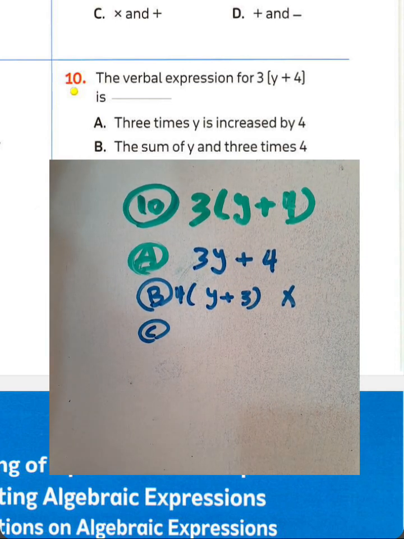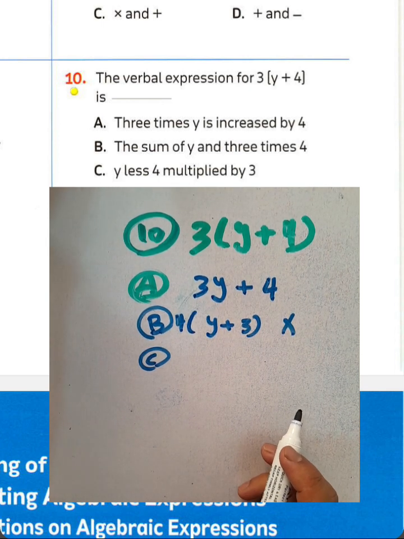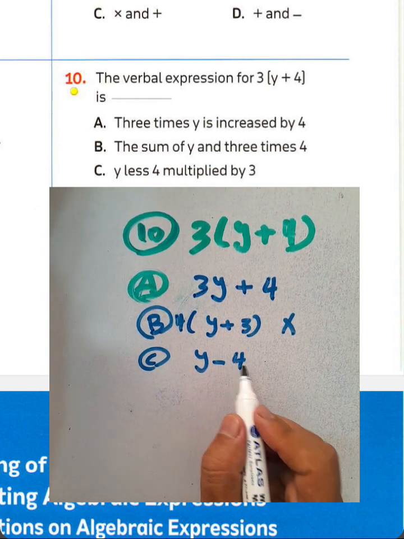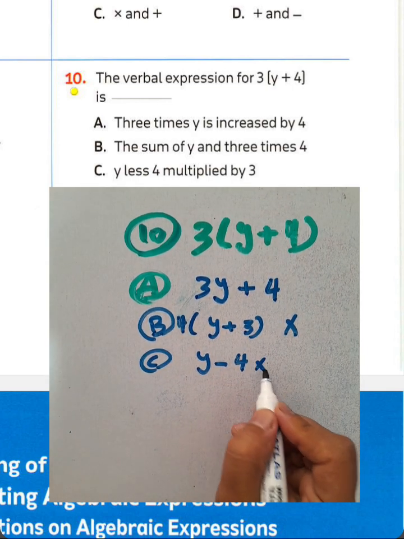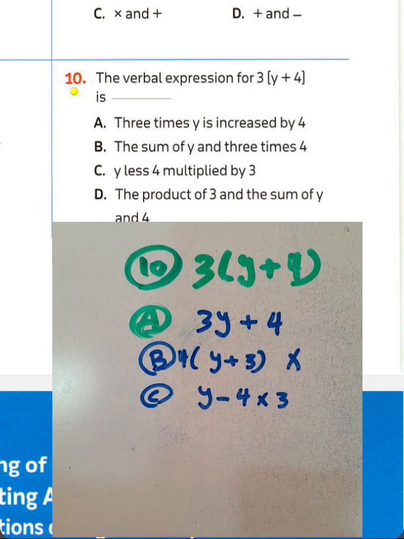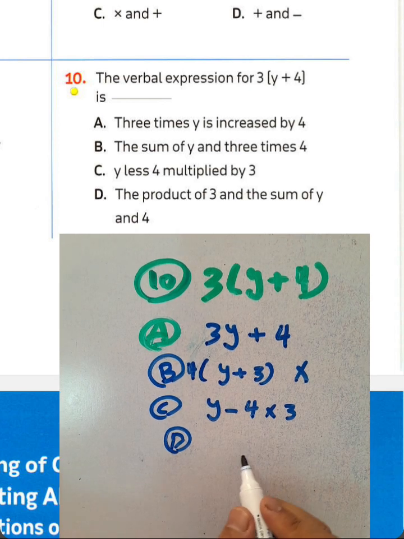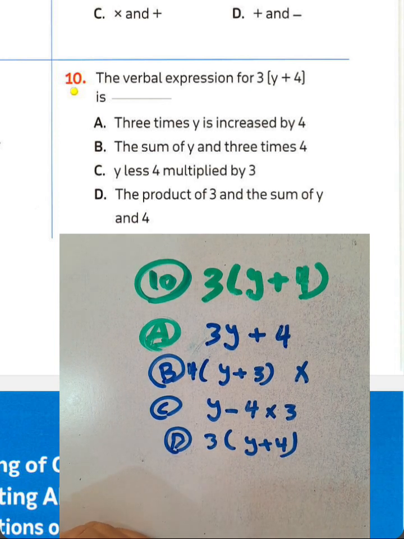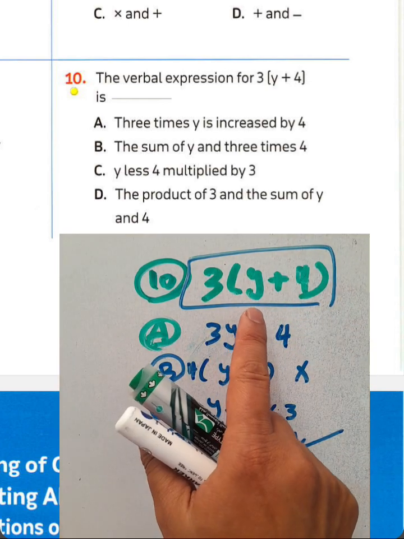Letter C. Y less 4 multiplied by 3. Y less 4 means y subtract 4, multiplied by 3. Letter D. The product of 3 and the sum of y and 4. So you must choose letter D. Letter D refers to this expression, 3 multiplied by y plus 4 in parentheses.